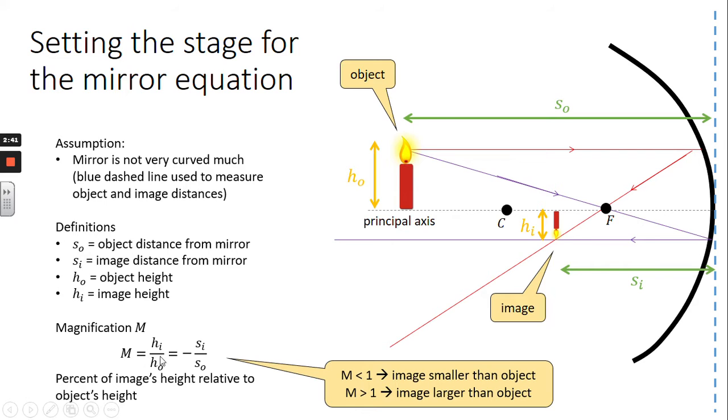If your image ends up being smaller than the object, that's a magnification less than 1. And so the magnification is the percent size of your image compared to your object. If the image is bigger, your magnification is more than 100%. If your image is smaller, it's less than 100%. If it's the same size, we call the magnification just 1 or 100%. So those are our definitions.